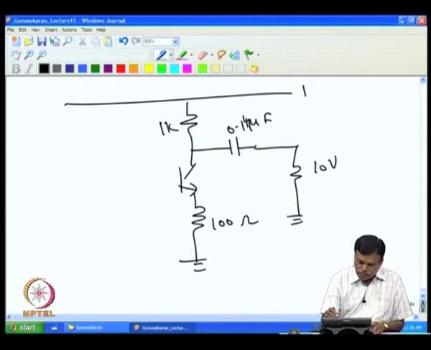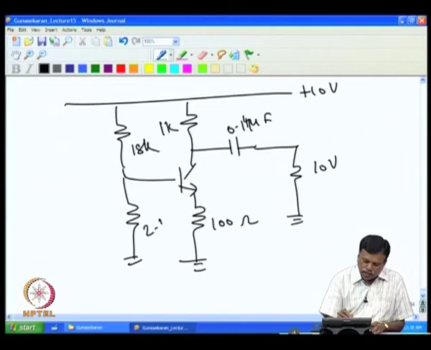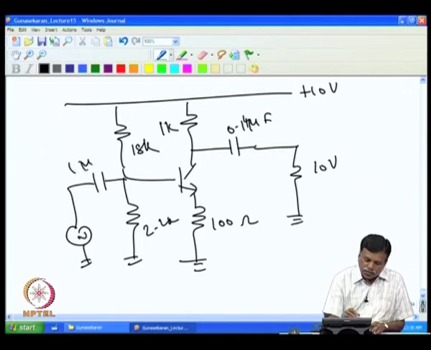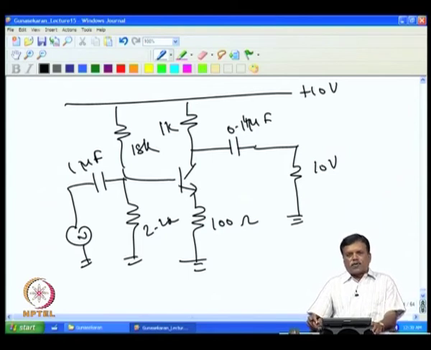This is given plus 10 volt, that is ground, and we had these two resistances, 18K and 2.2K, and then apply the voltage here, and this is put as 1 microfarad. That is how the circuit design is completed.